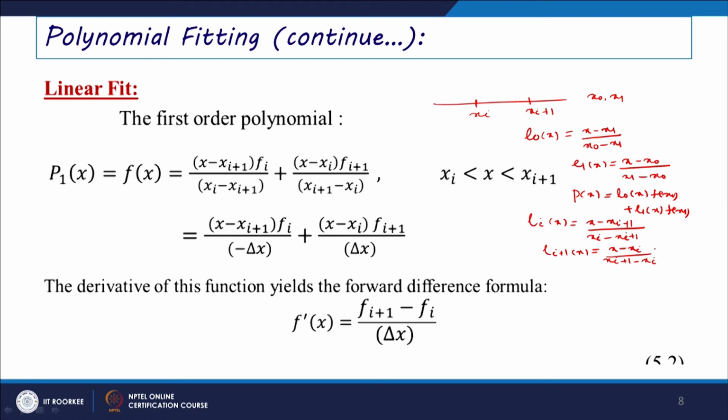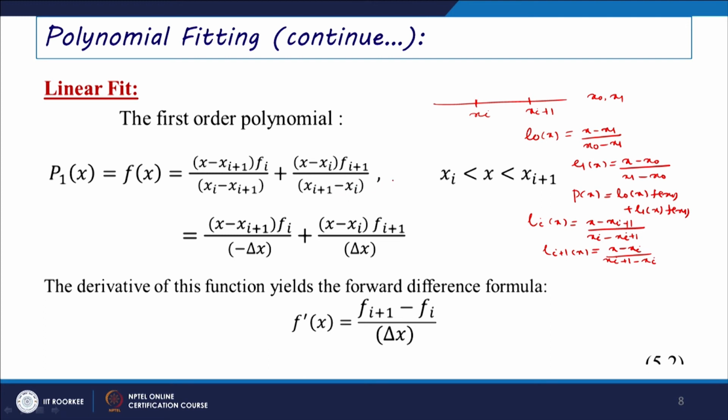So the complete polynomial can be represented in the form of x minus xi plus 1 divided by xi minus xi plus 1 into f of xi, plus x minus xi into f of xi plus 1 divided by xi plus 1 minus xi.